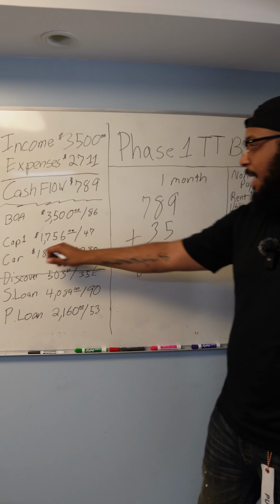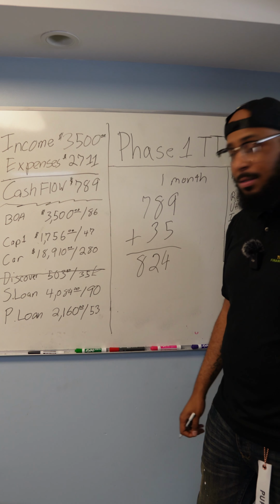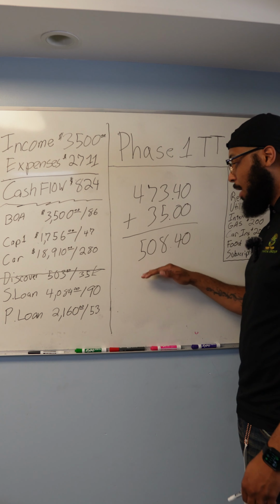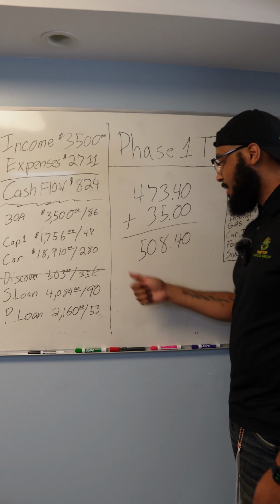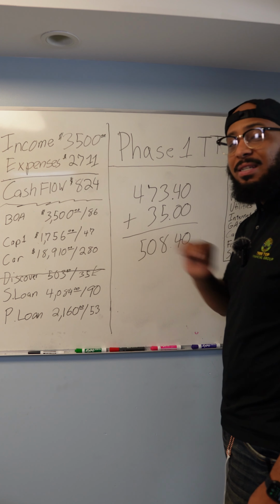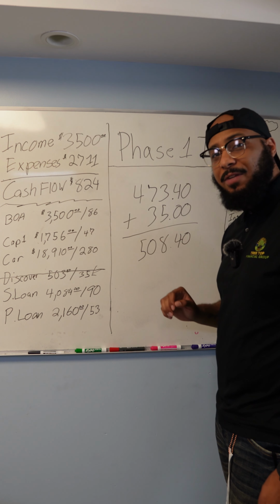Now, what's next? We got a Cap 1 payment of $47. Let's go after it with the new cash flow. Now remember, we got the $35 back, so our new way to attack these debts is now increased to $508.40. Let's see, Cap 1, $47 a month. We owe $1,756 on Cap 1. How long is it going to take us to pay off Cap 1?